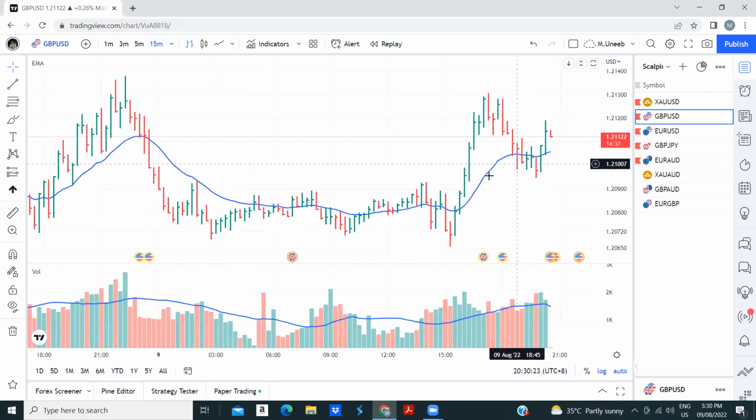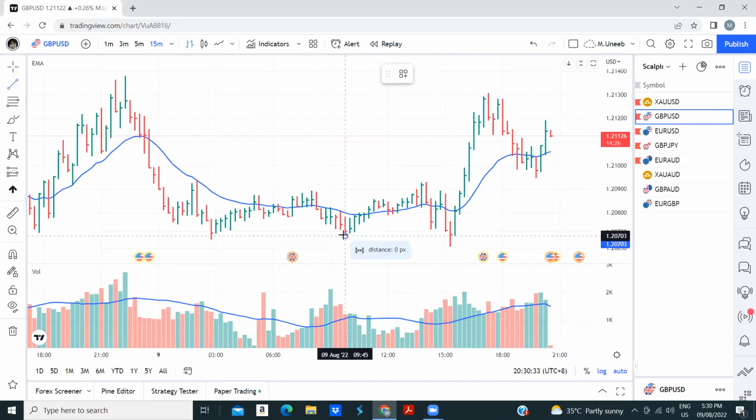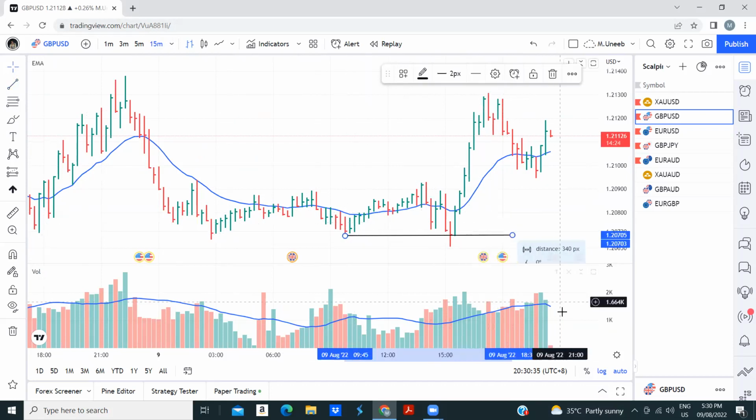What happens? The New York was open right over here. I'm just seeing it. Oh, it's not open yet? It's already open, right? Yeah, it's open already.